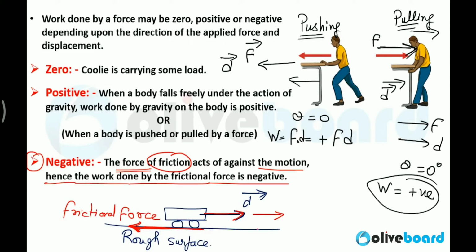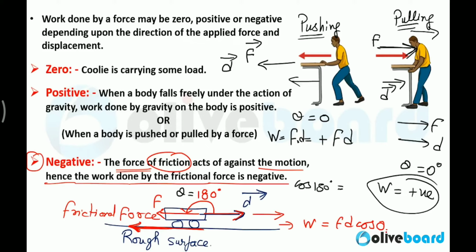So what is the work done by this frictional force? Work done is equal to FD cos theta. And here you can see the displacement and force are at 180 degrees. The angle between the force and displacement is 180 degrees, which means theta is 180 degrees. Force is in one direction and displacement is exactly opposite to it, clear? So cos 180 is what?